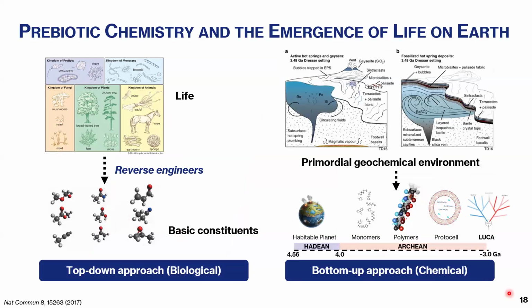Top-down approaches are hindered by the dearth of a Hadean geochemical record. The bottom-up approach considers the fundamental physical and chemical mechanisms of molecular systems in the context of primordial geochemical environments to deduce how simple molecular building blocks develop into more complex biomolecular systems.